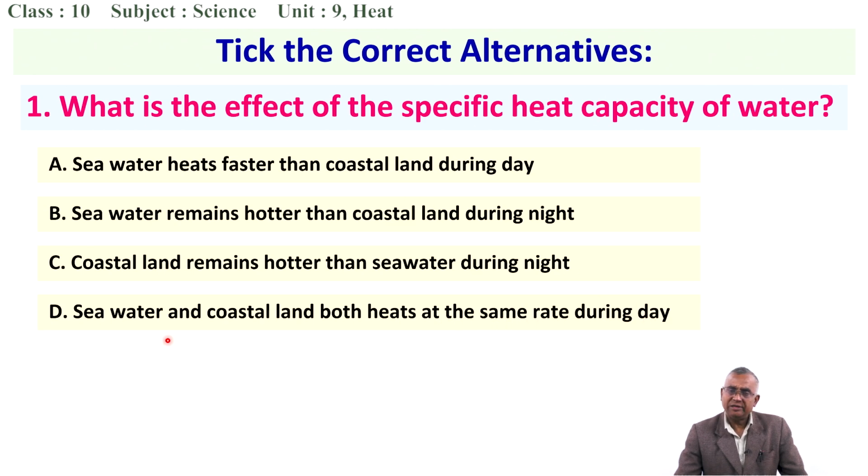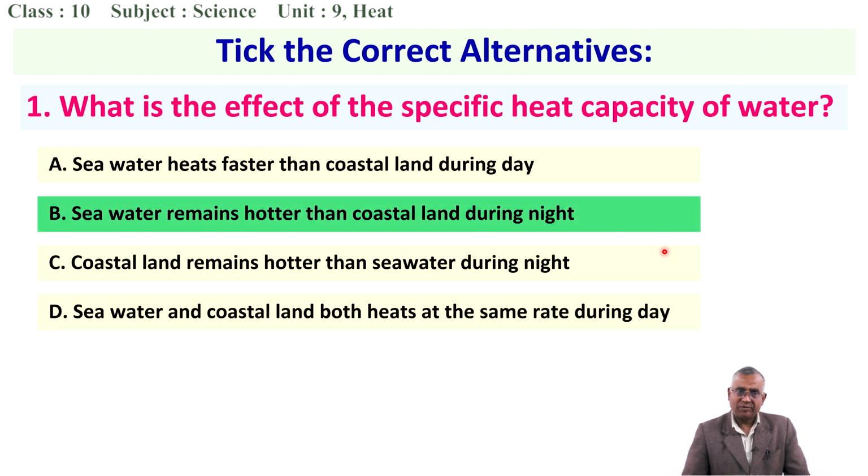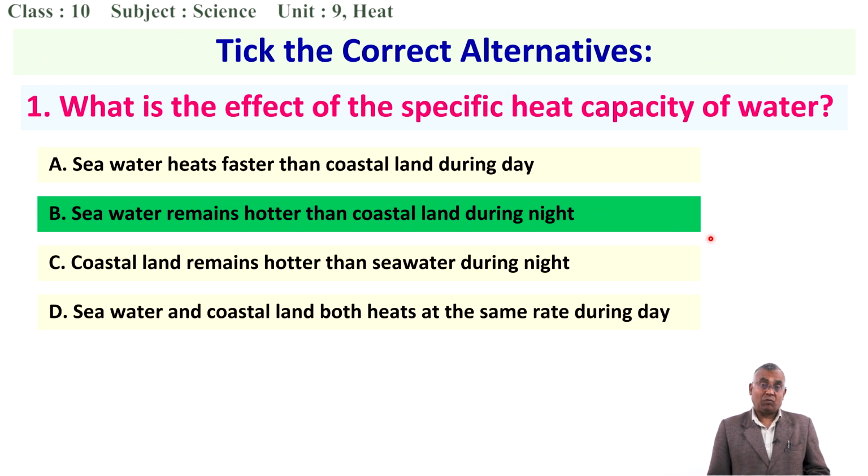Which of them is related with the specific heat capacity of water? Very easily you can guess it. Sea water remains hotter than coastal land during night, because water has more specific heat capacity. It takes longer to cool, so it can retain more heat.